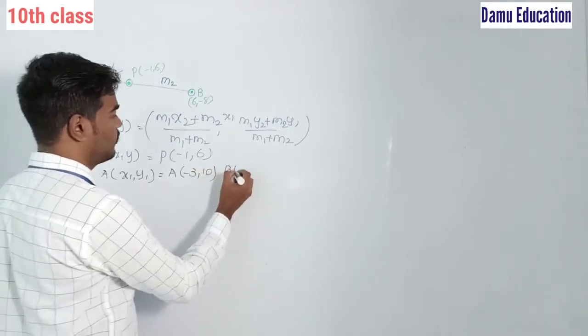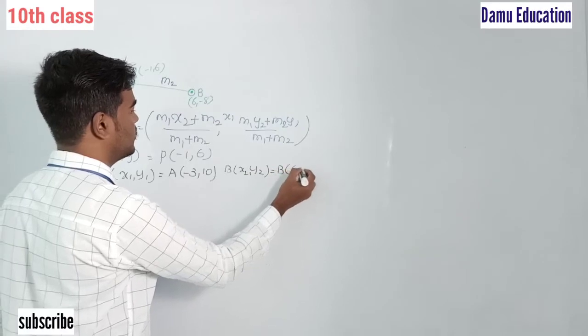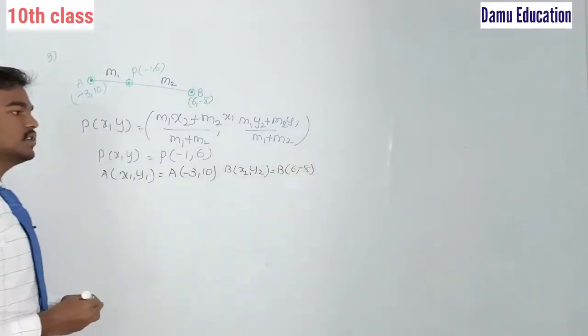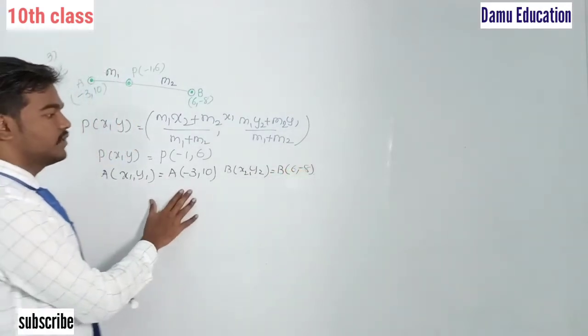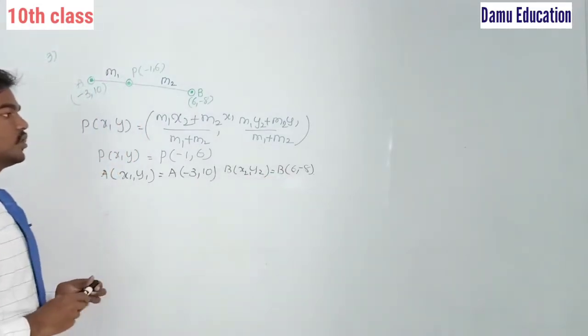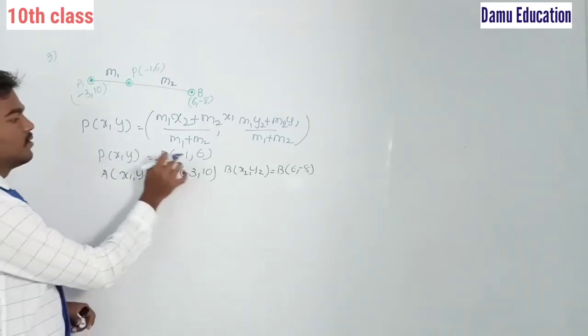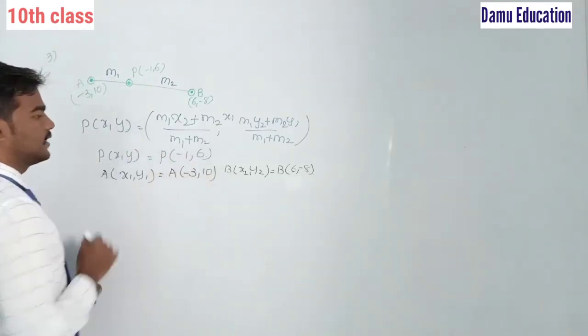Next, B of x2 y2 will be equal to B of 6 comma minus 8. So x1 y1 and x2 y2 we know now.